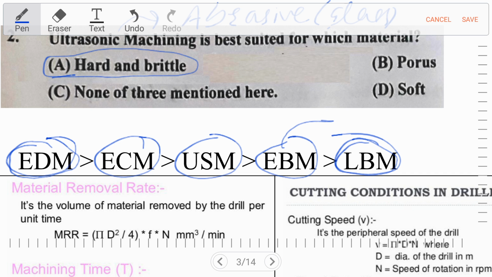In electron beam machining, the process takes place in a vacuum, and the ultrasonic machining process uses abrasive material to remove the material from the workpiece. And for ECM, electrochemical machining, ion displacement takes place, and it also uses electrolyte.